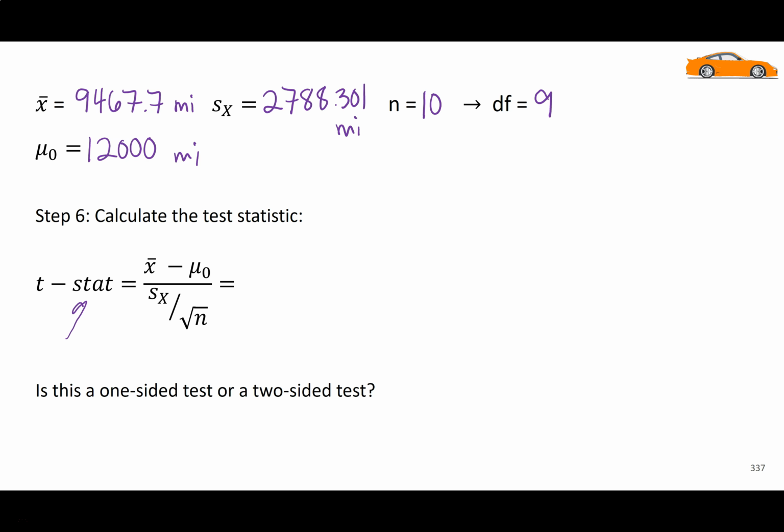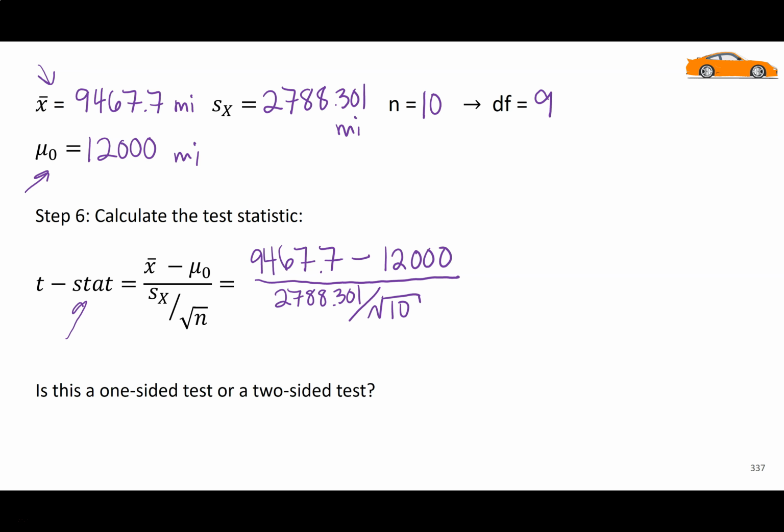It's going to be very similarly structured: what we observed in our sample, so the sample mean, minus what's claimed. Things to note, what we observed was lower than what's claimed, so we should get a negative t-statistic, divided by 88,301 divided by the square root of 10.